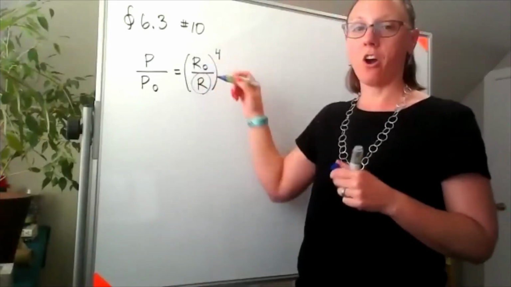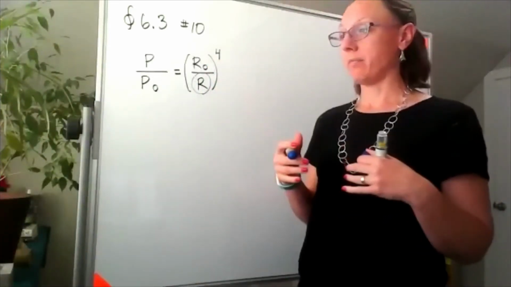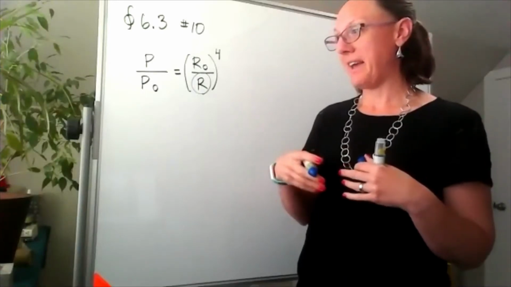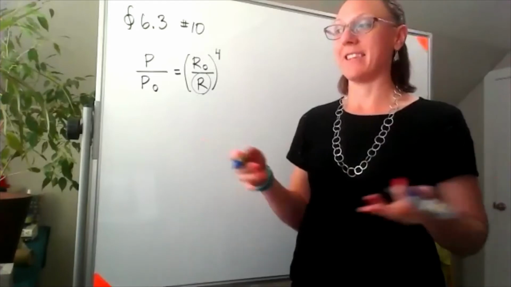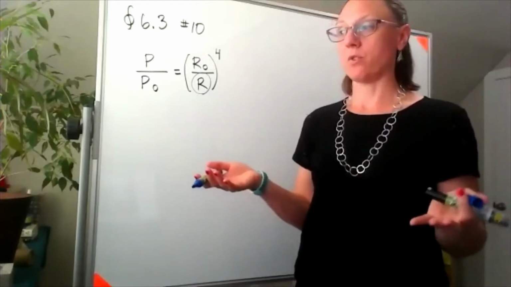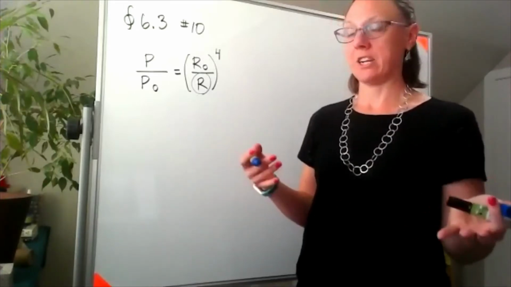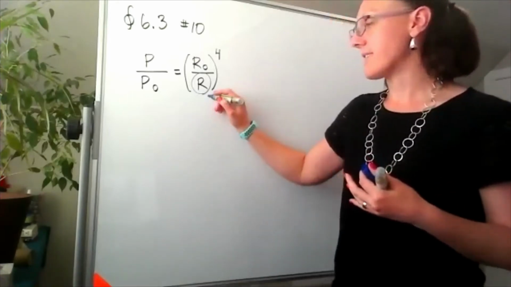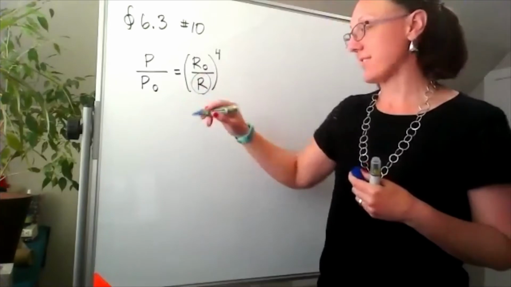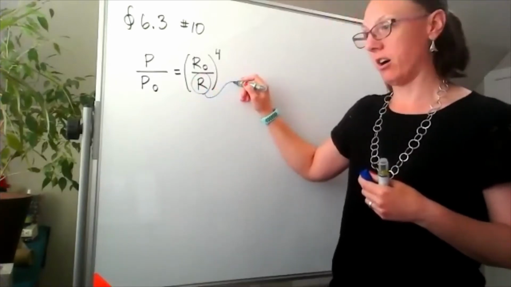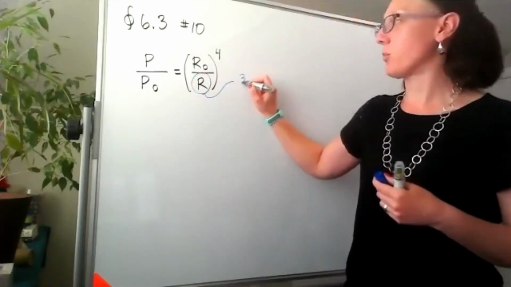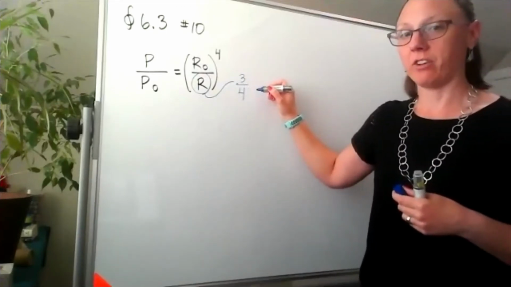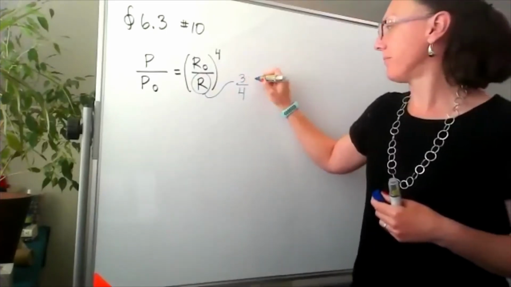And given that R naught is sort of what we have as the normal values for the radius and the pressure if it's not constricted, that means that what we're being asked to do is to change R to be 3/4 of the former value, and that former value is the R naught.